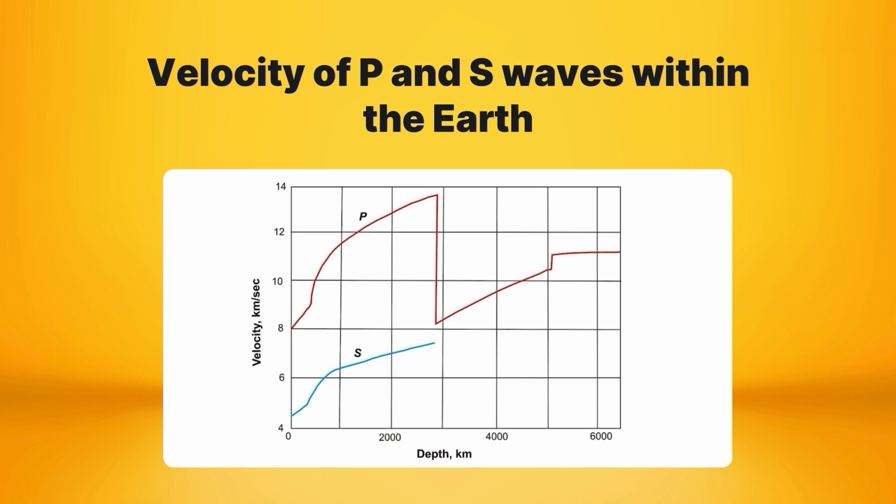You have a liquid in the outer core and S waves cannot penetrate. Only primary waves can penetrate and they increase in velocity, and further in the core you have a high velocity of P waves. This way we can differentiate different layers in the earth.